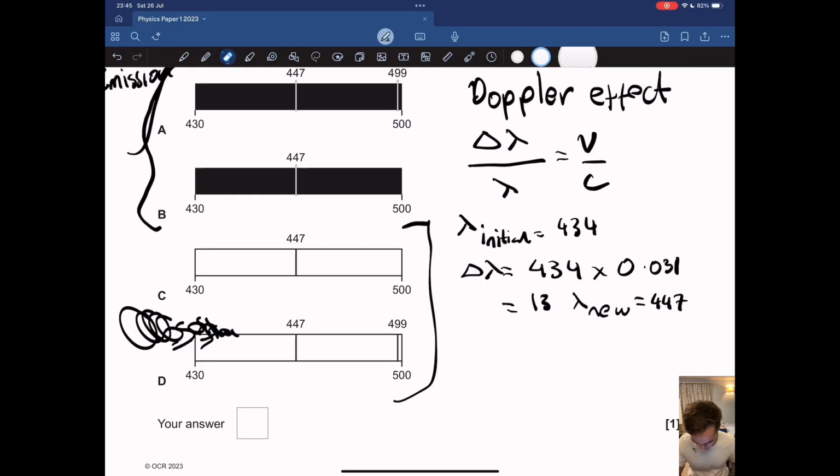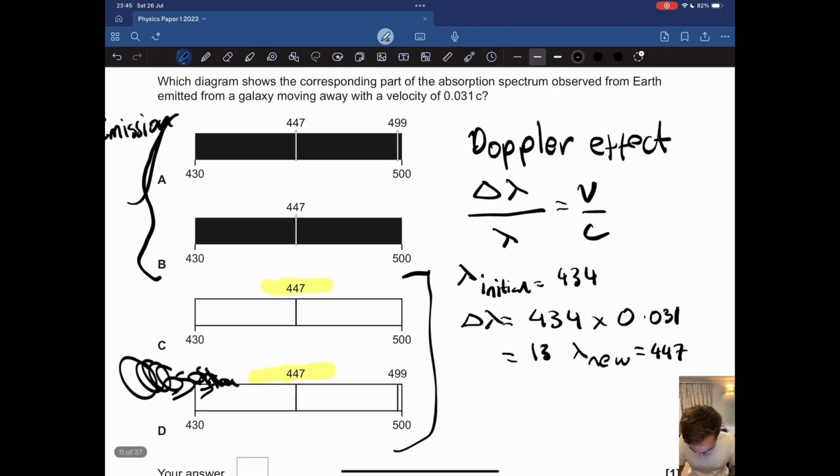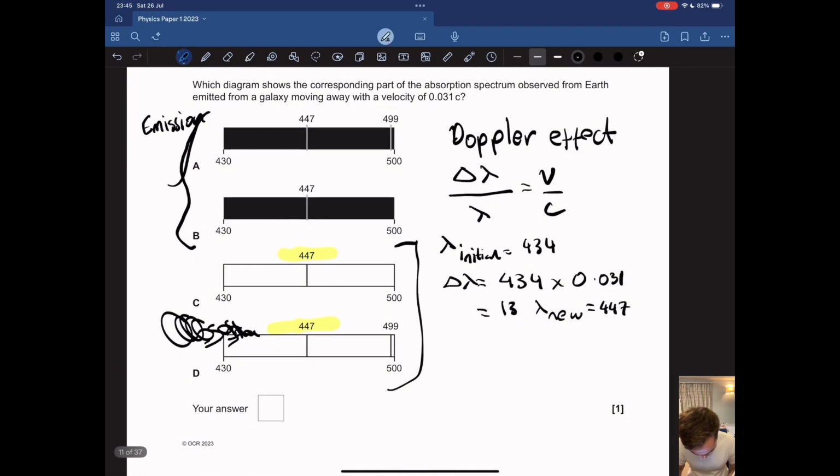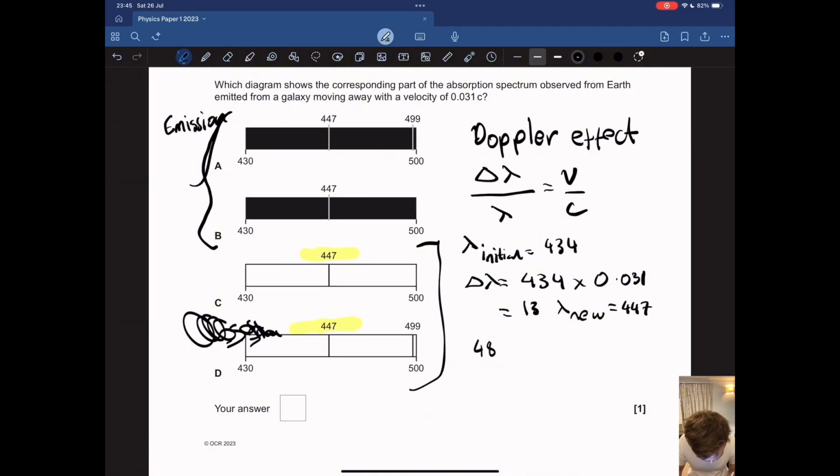I'm looking at these numbers, by the way. 486. So we're going to do the same thing. So 486 plus 486 times 0.031 is going to give our new one, which is either going to be 499 or not, I guess. 501. So it's C. Great.